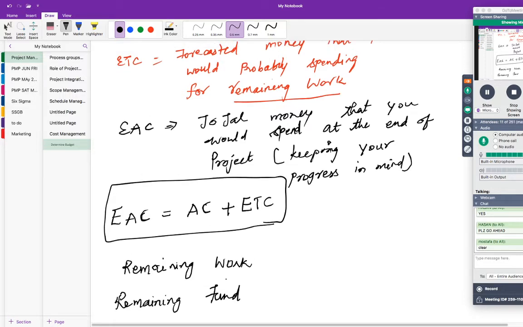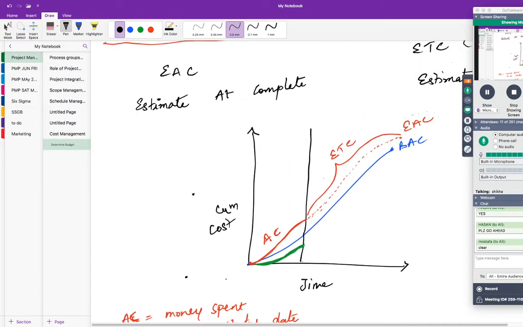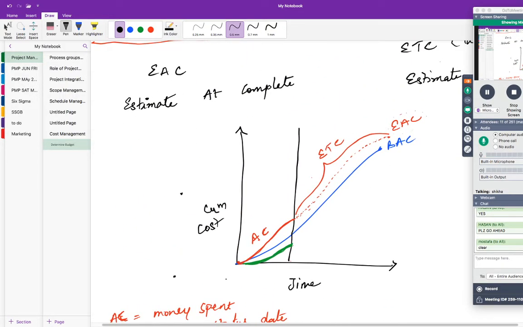You know what is AC, EV, PV, BAC, and EAC. So, given these, how would you put in formula the formula for remaining work? Remaining work is equal to what?